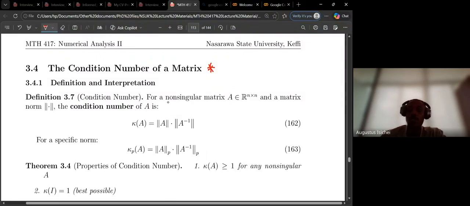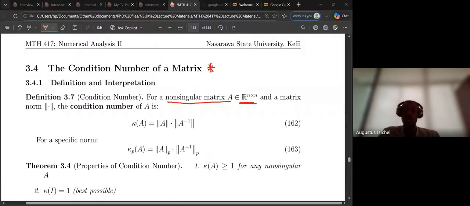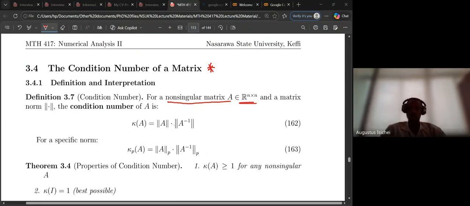For a non-singular matrix A, which is in the set of all square matrices. Who can remind us of the idea of a non-singular matrix? When is a matrix said to be non-singular? I know I explained it the time we had our physical lecture the other day. Drop the answer in the chat. I want to see your answers in the chat box, please, quickly.